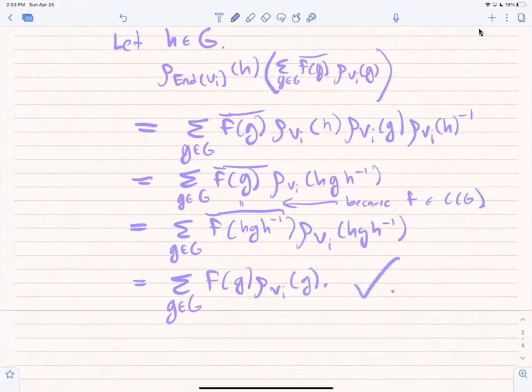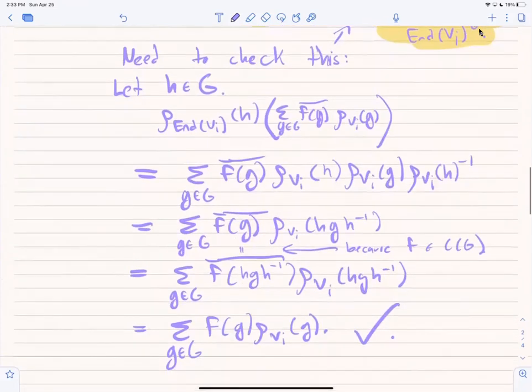Check. So what this computation shows is that when we apply some element h of G to this endomorphism, it's preserved. I lost my bar somewhere, so let's just have a bar down here. So it's preserved. This linear transformation of the endomorphisms fixes this specific endomorphism.